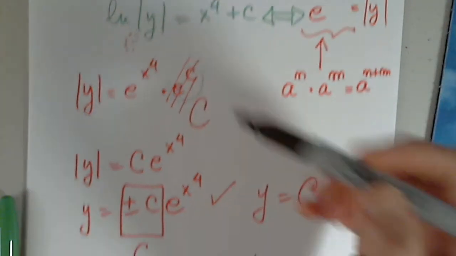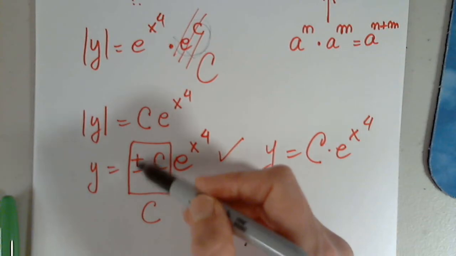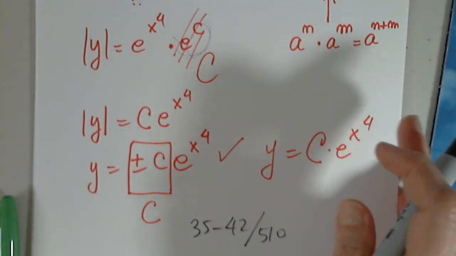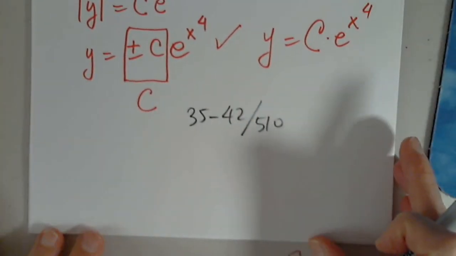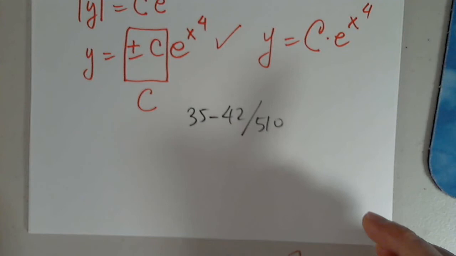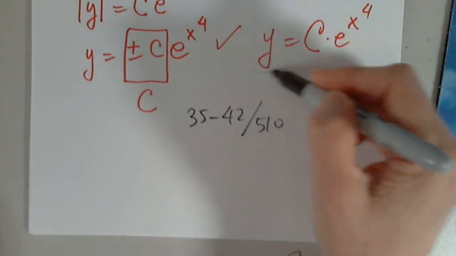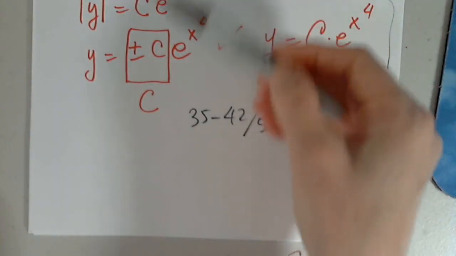So if you don't want to, you can still keep it as is. If you don't want to write plus or minus, you can still put in here e to c. That's fine too. It's not a mistake. You don't have to change it. We like to make it as clean as possible. But if you want to keep it, you can.